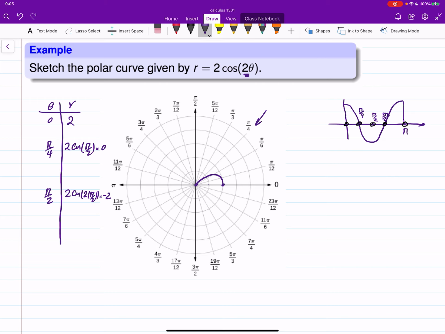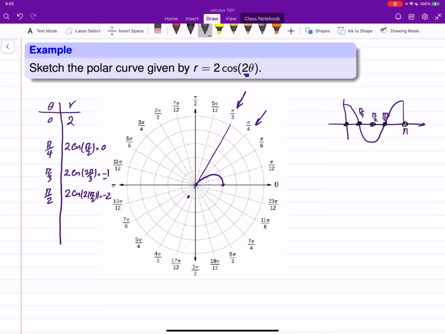Okay, but let me just pick one more value here, for example, pi over 3. So 2 cosine of 2 pi over 3. Cosine of 2 pi over 3 is negative half, times 2, it is negative 1. So at this angle, r is negative, so it means that I have to go backward 1 here.